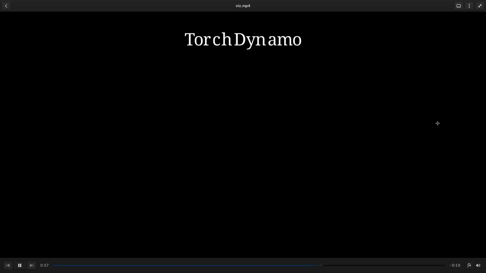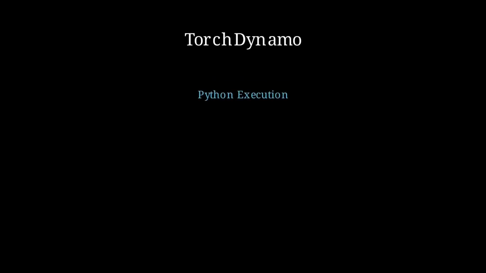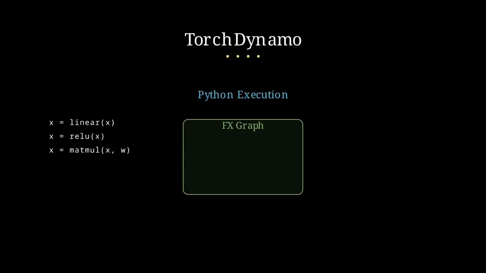Let's see what that looks like. Suppose your model executes a linear layer, then a ReLU, and then a matrix multiplication. As each tensor operation is recorded, it becomes a node inside something called an FX graph.